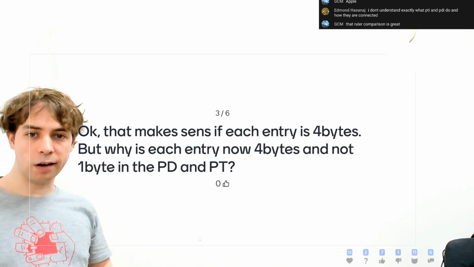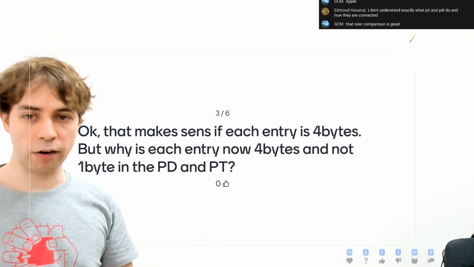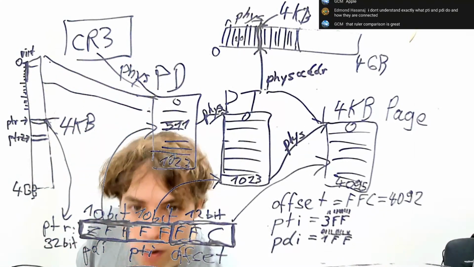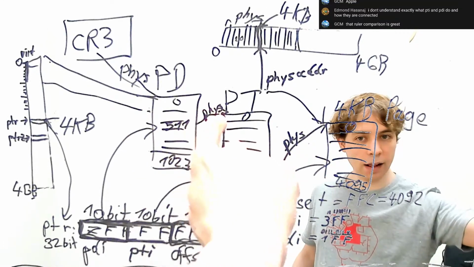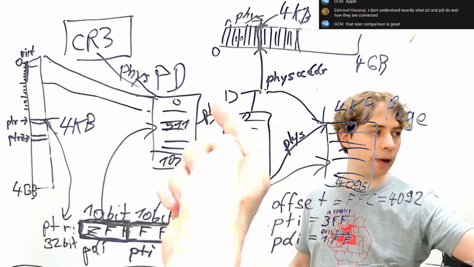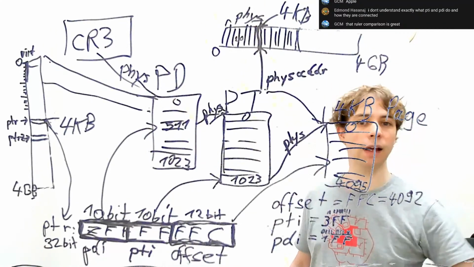Okay, that makes sense if each entry is 4 bytes, but why is each entry now 4 bytes and not 1 byte in the page directory and page table? Well, if you take a look at this part here, this entry has to store a physical address. A physical address cannot possibly fit in 1 byte because we need to store 32 bits because we have a 32-bit address space here.